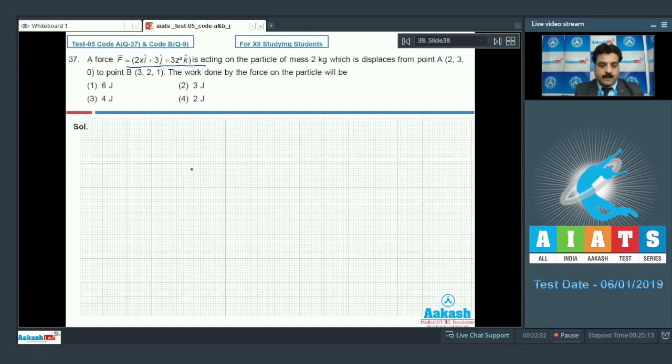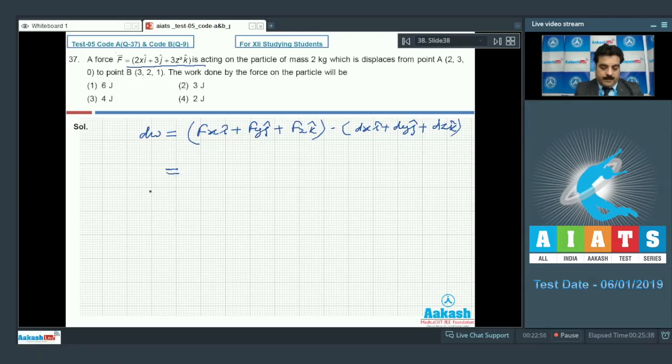In this type of question, I would like to suggest you use the formula: (Fx i cap + Fy j cap + Fz k cap) dot product with (dx i cap + dy j cap + dz k cap).